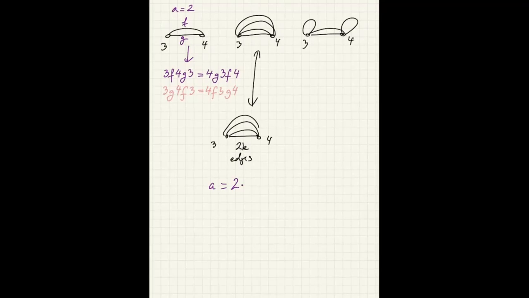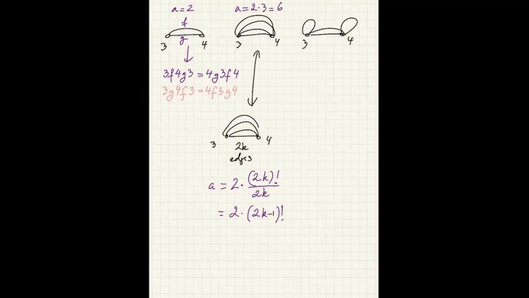And then you can pick these edges, and it's a permutation of 2k edges, so it's 2k factorial, but they're circular permutations. So you have to divide by 2k, because each circular permutation is equivalent to 2k of these permutations. So the number is 2 times (2k minus 1) factorial. So for this one here, A would be 2 times 3, which is 6. And I leave it to you as an exercise to work out how many there would be for the other case.